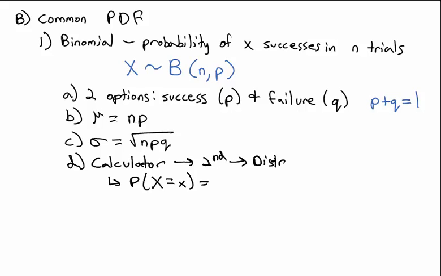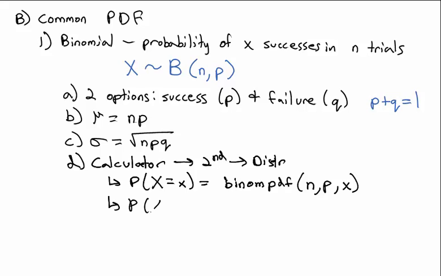And I'll show you where that is here in just a minute. I'll pull up my calculator. But what we're going to select is binomPDF, and then we're going to type in the number of trials, the probability of success, and the number of successes we want to hit.